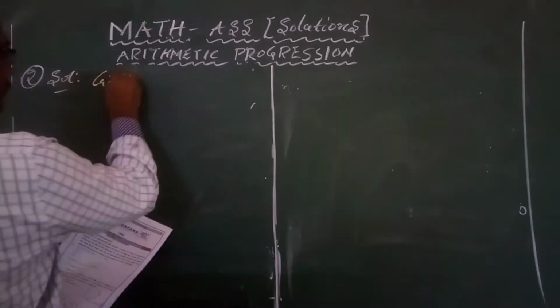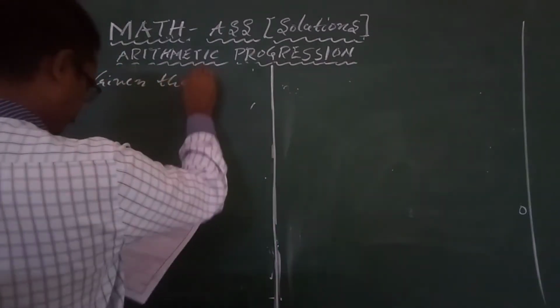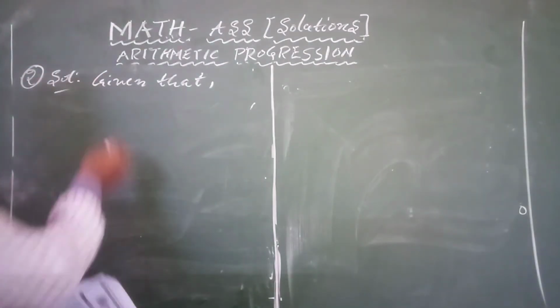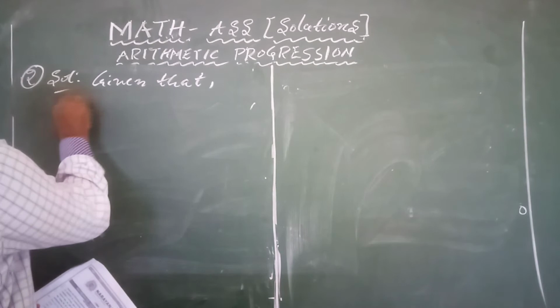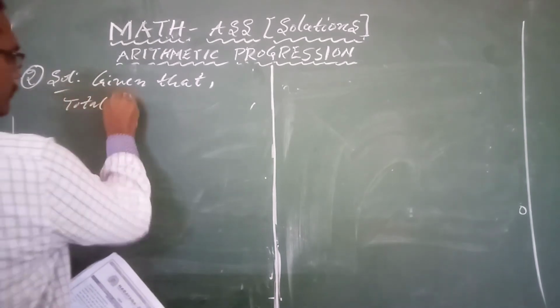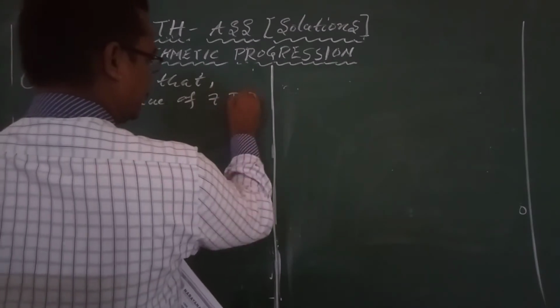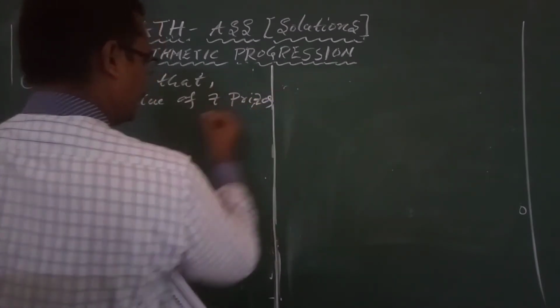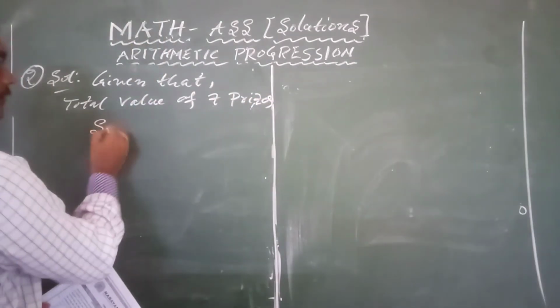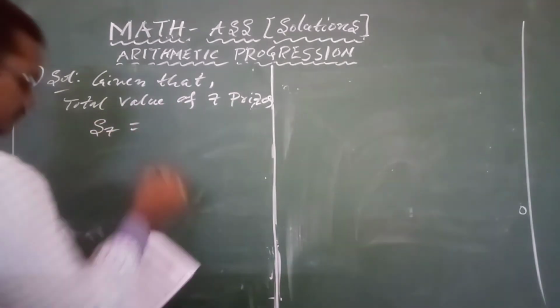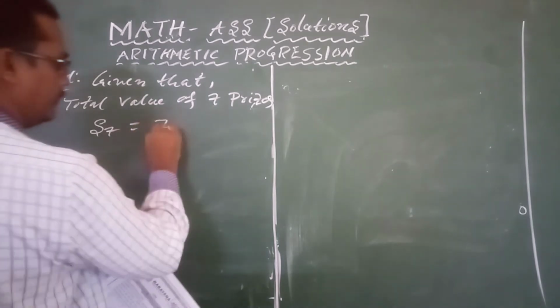Given that the total cost is the total value of 7 prizes. The total of the prizes is represented by Sn. So S7 is equal to 700, which is given.